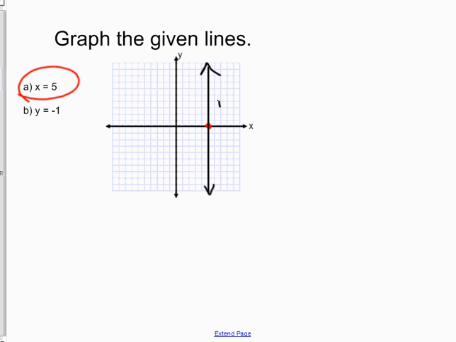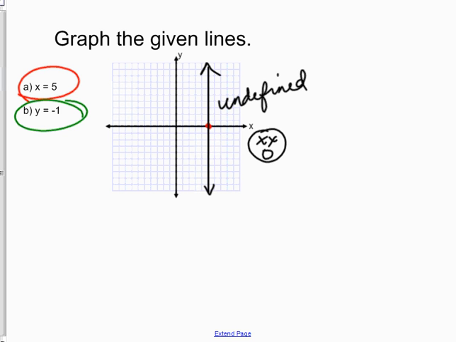That is an undefined slope, or the death slide, because it's an x. Okay, so now y is at a -1, so y goes right here, and we have another line that goes through at -1. And that's got 0 slope. That's a horizontal line. Remember that, no fun, 0 fun.